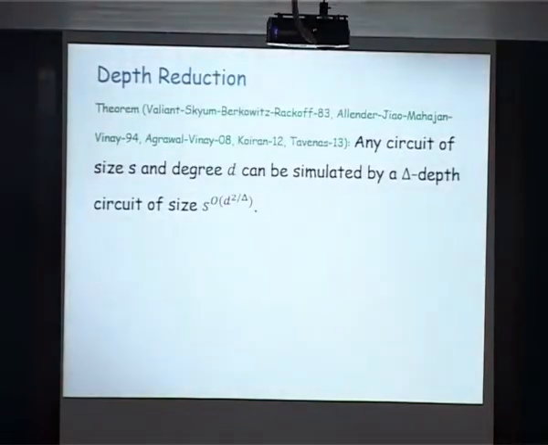There are various variants of it and versions of it in a sequence of papers, and they are different in some ways, but very roughly, let's say that pick your favorite depth delta, then starting from a circuit of size s, you get a circuit of size s to the d to the 2 over delta. And it turns out that this holds even for Boolean circuits.